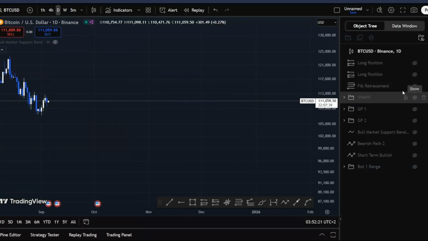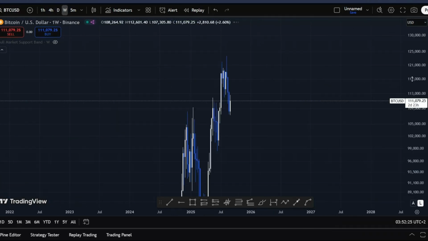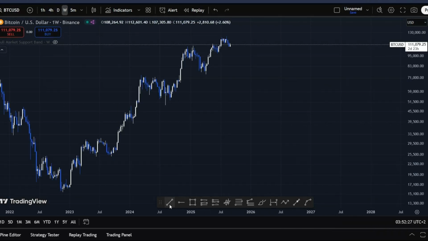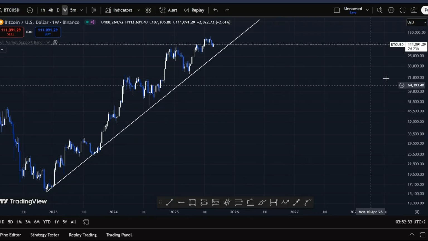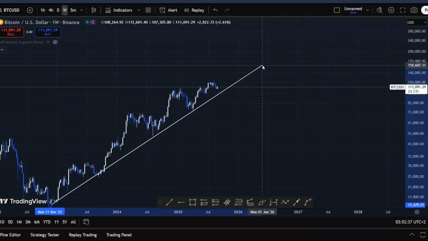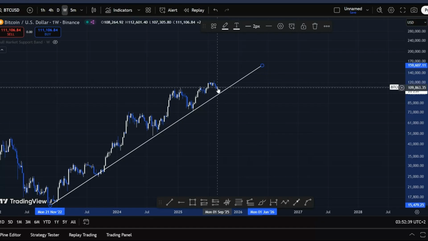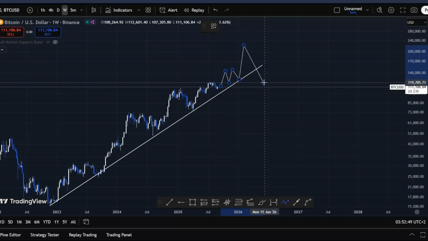For those of you who think, oh, Bitcoin has already topped out, let's just go to the weekly. Does this look like an asset that is going down? Now, don't get me wrong. Bitcoin is not going to go up forever. Probably we still have like 2 or 3 more months on the way up, but that's about it. Then it will do something like this. But then it will break.